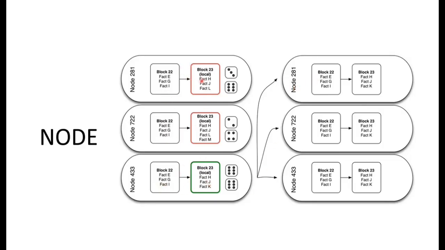We can see block 22, block 23 exist on all of the nodes. The facts, however, are slightly different because each of these nodes are processing transactions that are coming in from users. So the individual miners that organize this network and run all these nodes are updating their nodes by processing transactions.